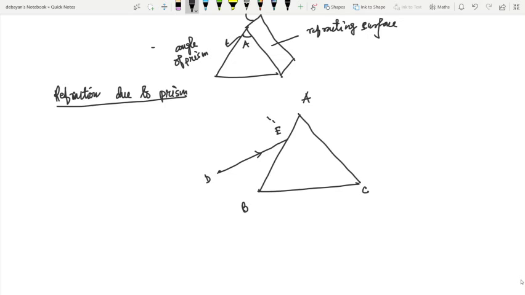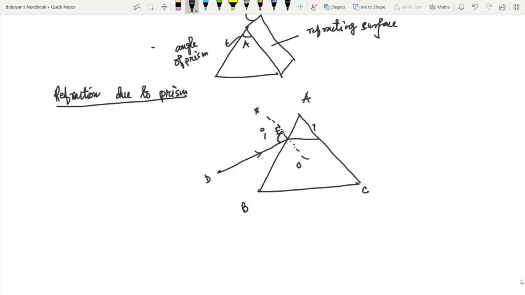If we draw the normal, this angle is i, and after refraction at E, the ray of light bends towards the normal, say NO, and travels along a path EF.